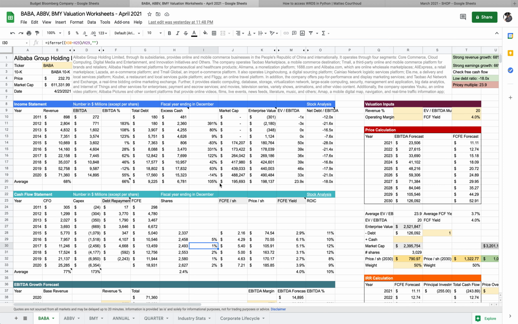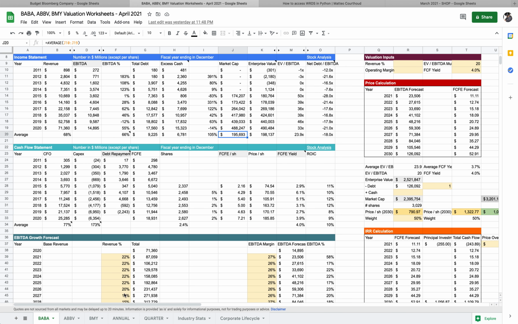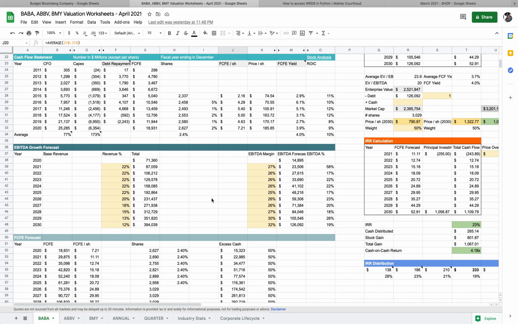So at a high level, his process is that he looks at the financial statements, pulls data from the income statement, looks at revenue, EBITDA, and some of these multiples, and calculates enterprise value. He then looks at cash flows to calculate the free cash flow for equity, which takes into account the cash flow from operations, capex, and then debt repayment. Once he figures out what the EBITDA for the company has been and looks at the free cash flow per share, he does two different valuations.